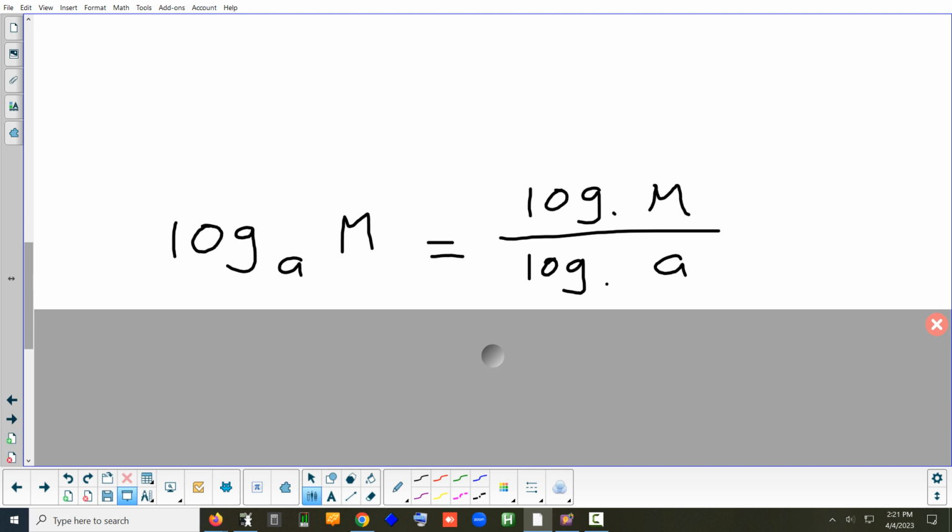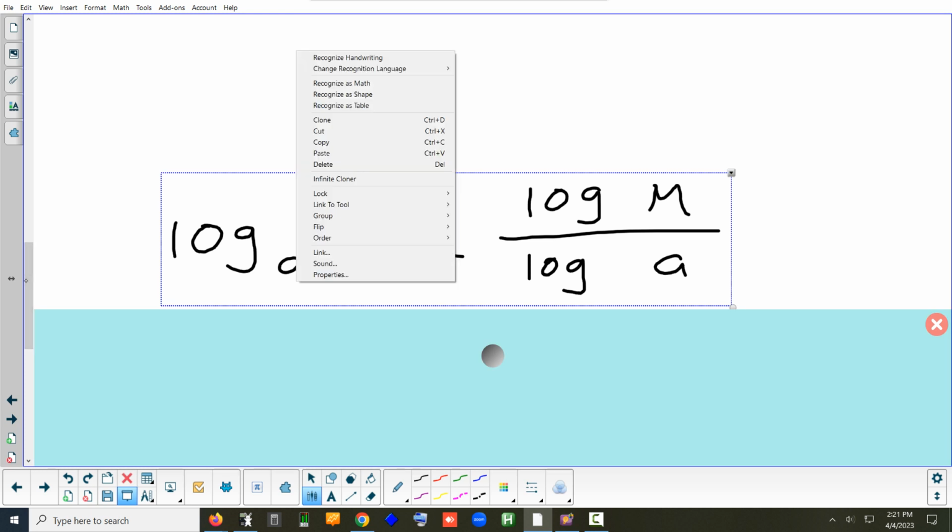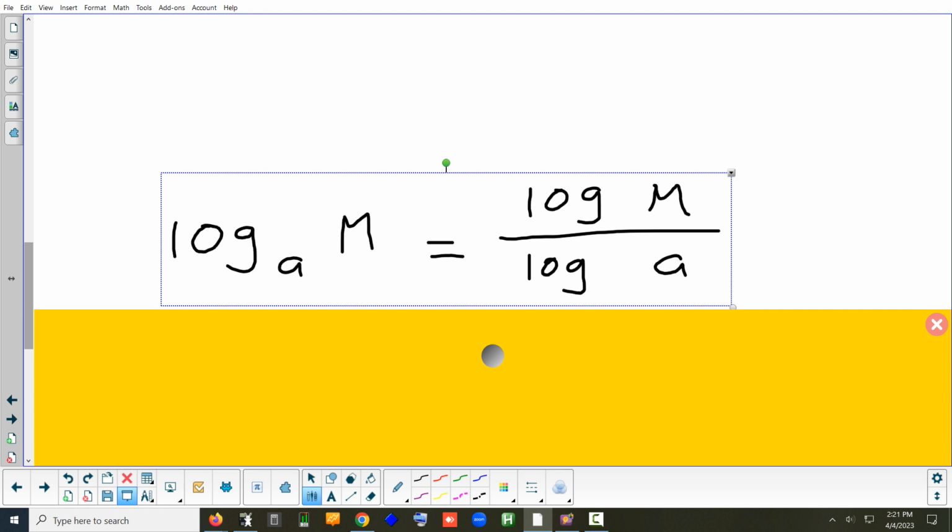I didn't put any bases on these two logs. So that's base 10 on the right. If you have a log and the base is not a 10 or an E, you can take the log of the argument, put that in the top, and divide by the log of the base.